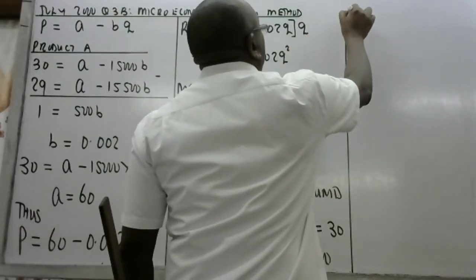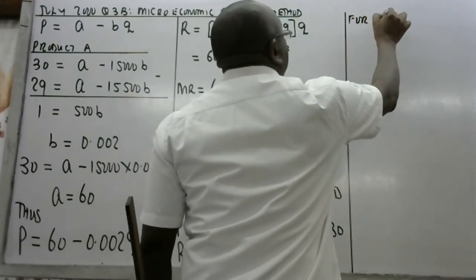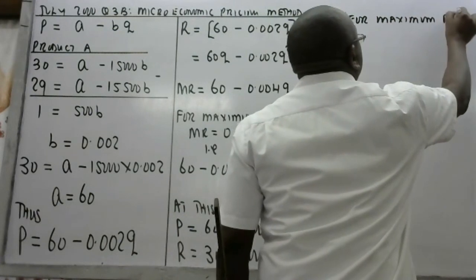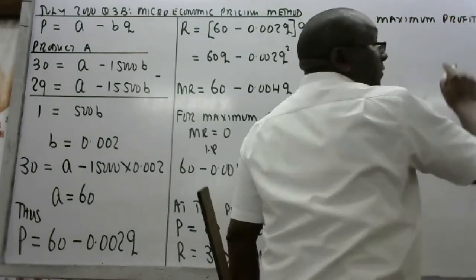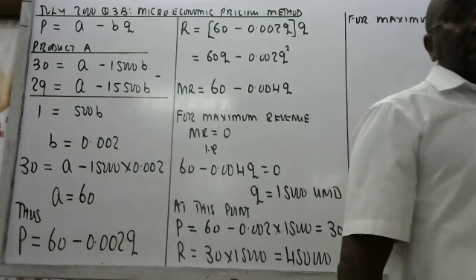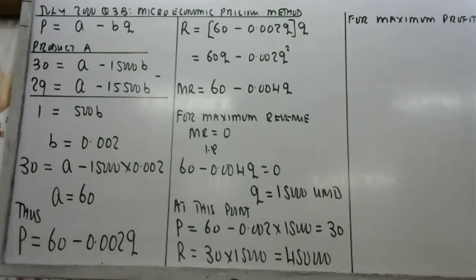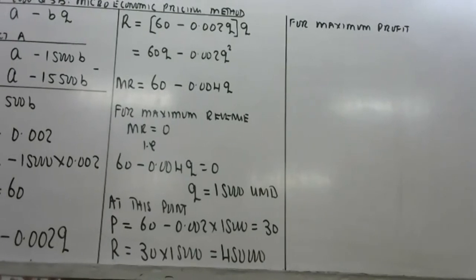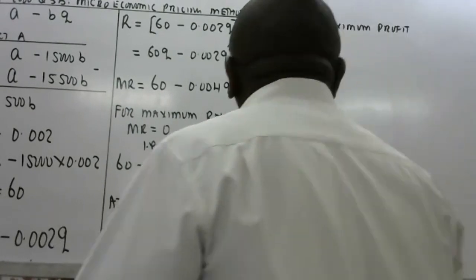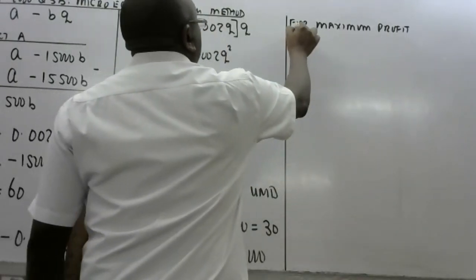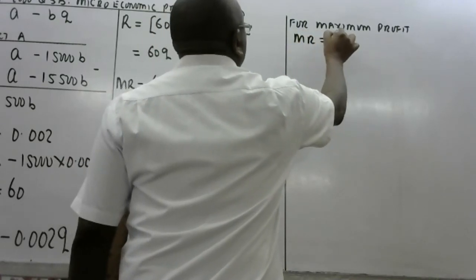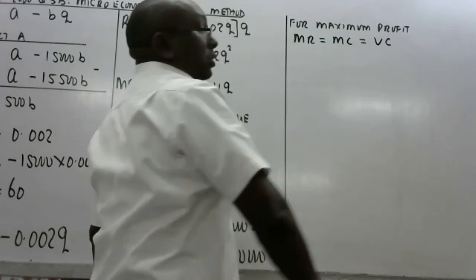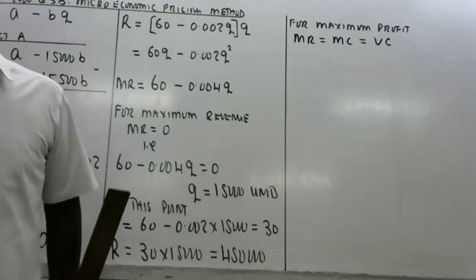The last thing I want to remind you is that for maximum profit, marginal revenue should be equal to marginal costs, which is also equal to variable costs.